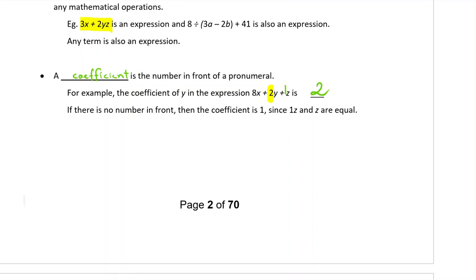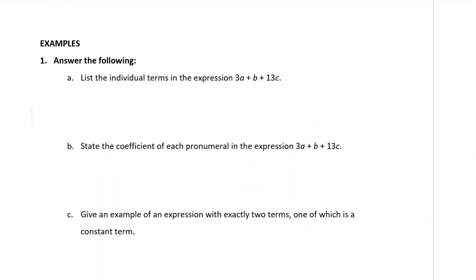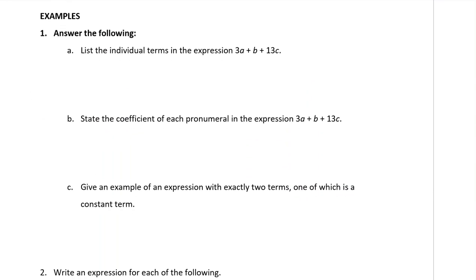All right. So in our next bit of work here, we are going to practice listing off terms and coefficients, using those words that we've just been talking about. Question 1a says list the individual terms in the expression 3a plus b plus 13c.